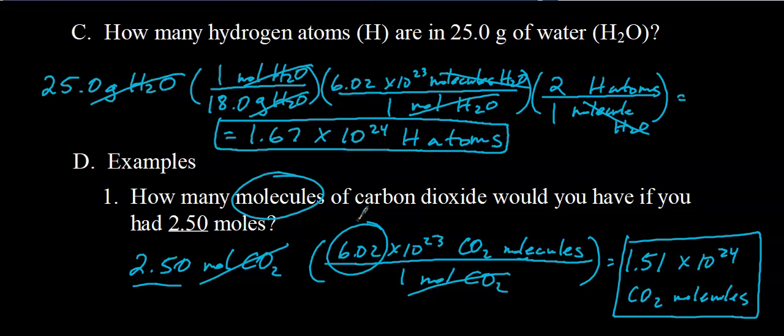In fact, that 1 mole for the molar mass as well. Molar mass of water, 18.0 grams per 1 mole of water. So that 1 in moles is an exact number. It will never be used to determine the sig figs in your answer. So again, we're looking at sig figs in molar mass, sig figs in Avogadro's number, sig figs in the quantity given to us in the problem.